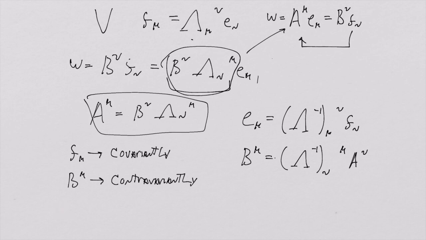So if I write down W equals B nu F nu, and that's going to go to, I'm going to first write down this term here. I'm going to write down, say, A nu inverse. This is very easy to mess up, so I want to be very careful. This is the transformation of the component: the contravariant component is being transformed using the inverse matrix.